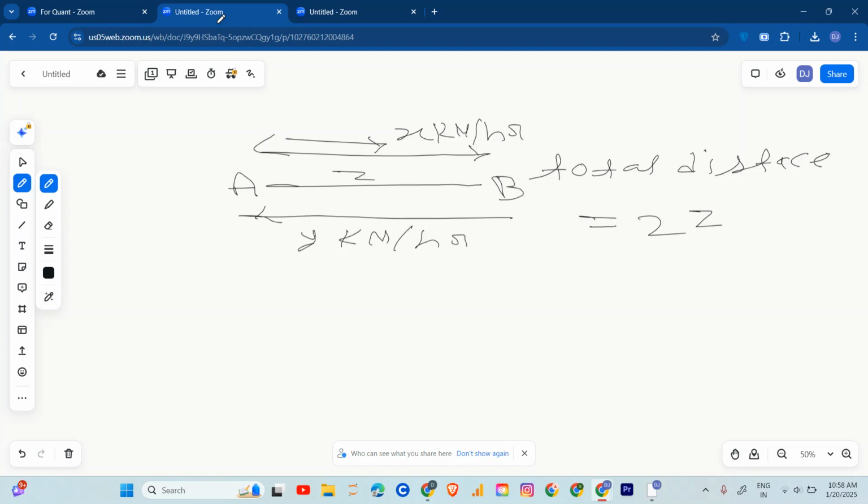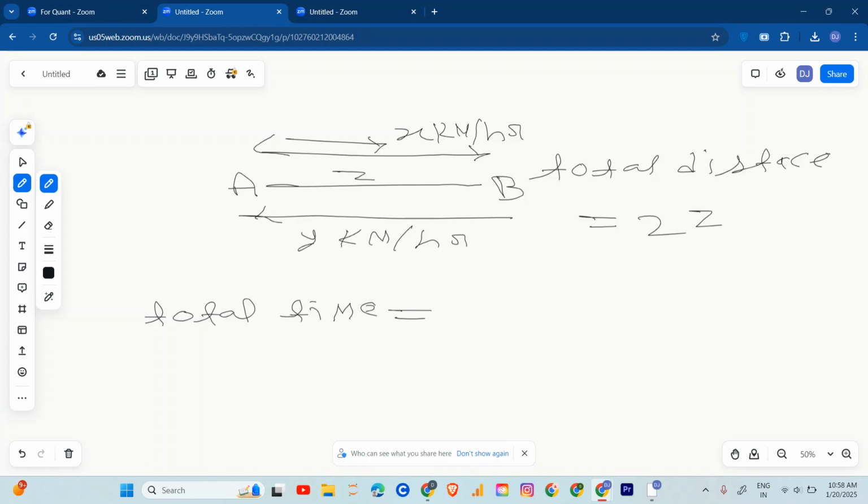Now total time. We know that time is equal to distance divided by speed.